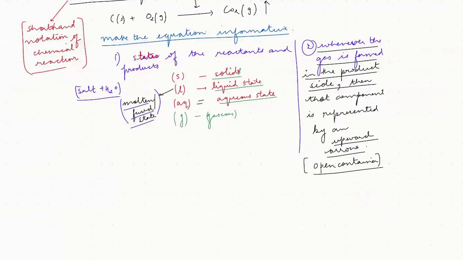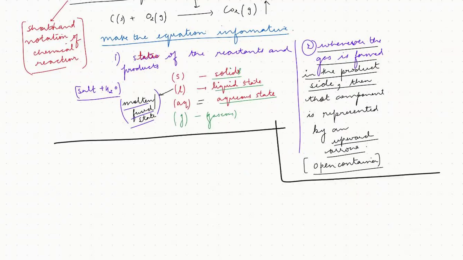So you would be representing it as an upward arrow. So that is one part, right? So when you represent it with an upward arrow, so you would have this, right? Now, what is going to happen? Just see. So you are going to represent it with an upward arrow with an open container.